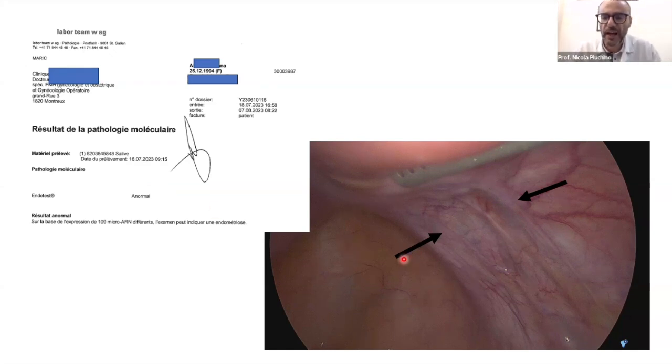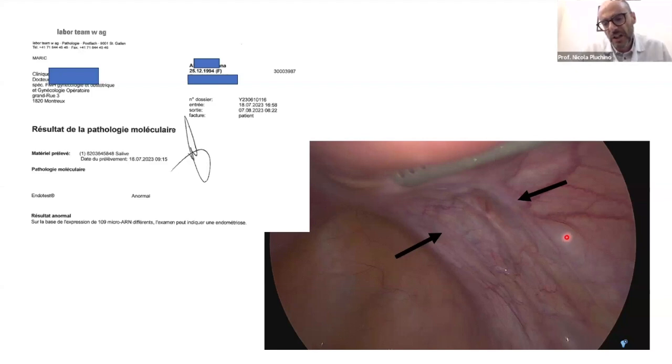You can see on the right side of the screen the laparoscopy evaluation that was performed in that patient, because there was a desire for spontaneous conception after at least 2 years of infertility.